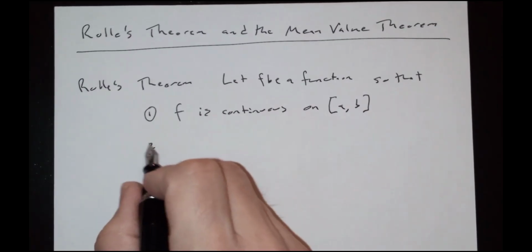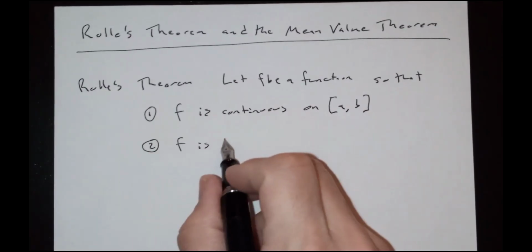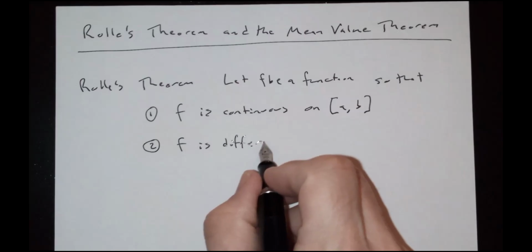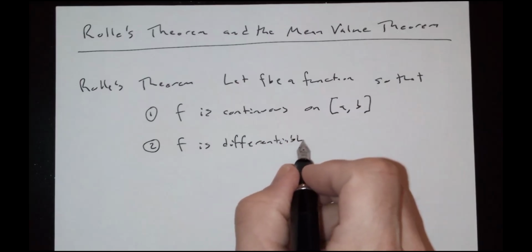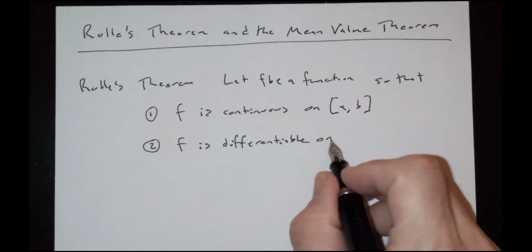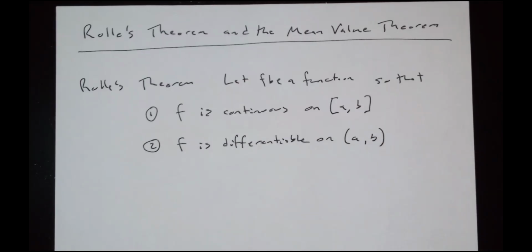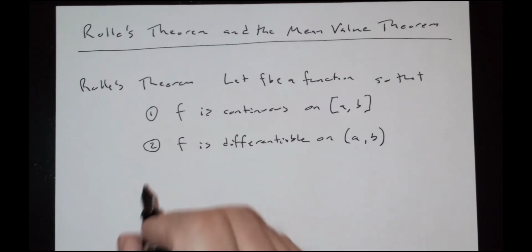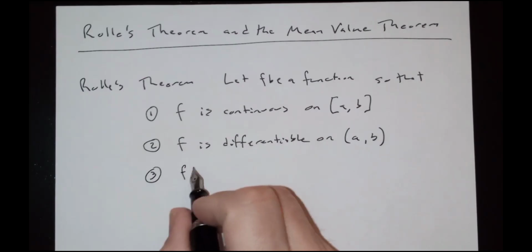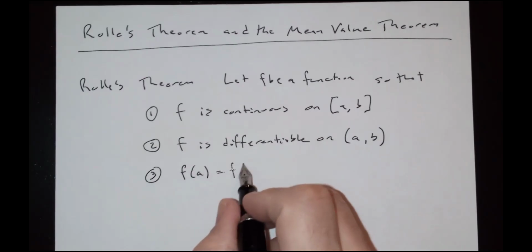It's got a derivative on that same, well, maybe not at the endpoints, but on that same interval. Everywhere between A and B, we have a derivative. And the 2 endpoints have the same y values.